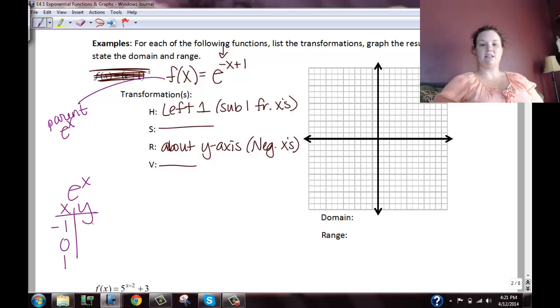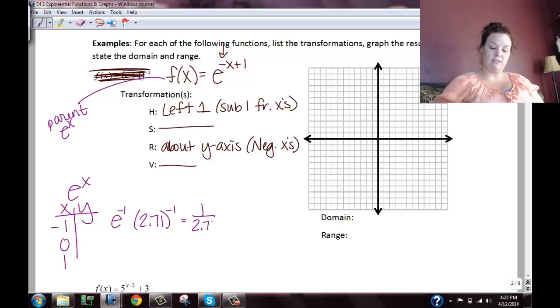If I do e to the negative 1 power, and e is a button on your calculator, e is approximately 2.71, so you can just use that value, or you can use the e to the x or the e button on your calculator. So if I do e to the negative 1, basically what I'm doing is 2.71 raised to the negative 1 power, which is roughly 1 over 2.71, right?